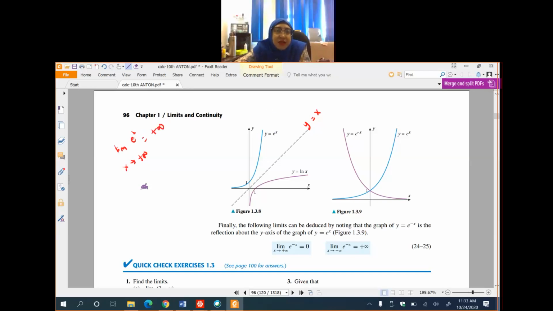And then the limit of e to the x as x tends to negative infinity, for this side, it will be what? It will be 0. It's getting closer to 0 but never reaches 0. So it means that y equal to 0 is the horizontal asymptote.